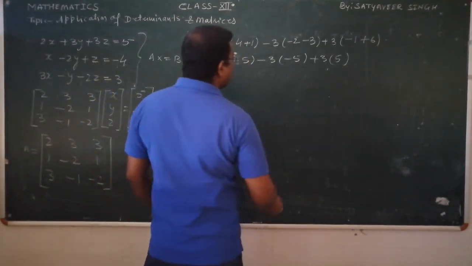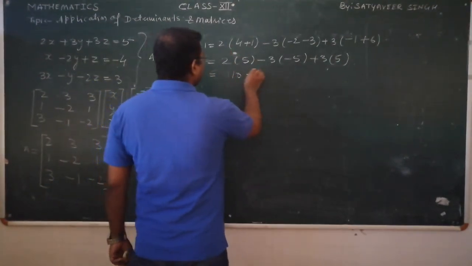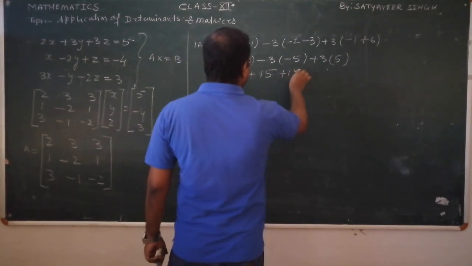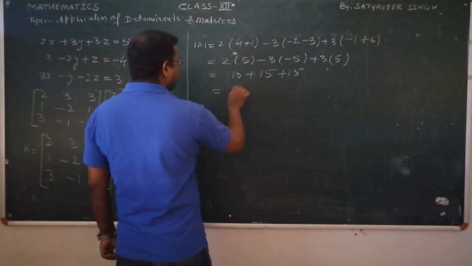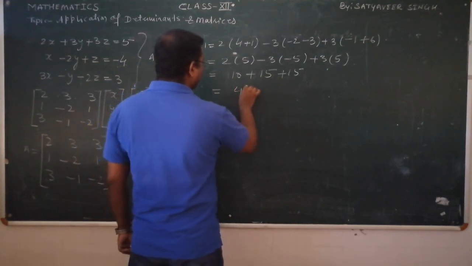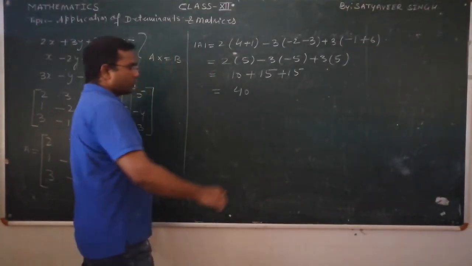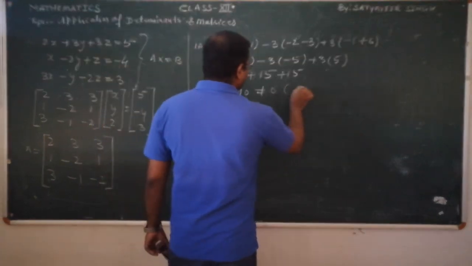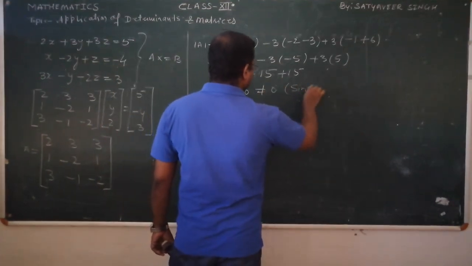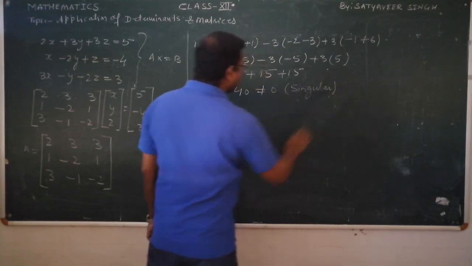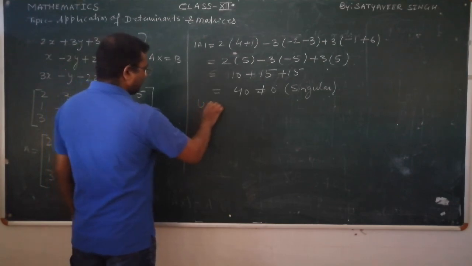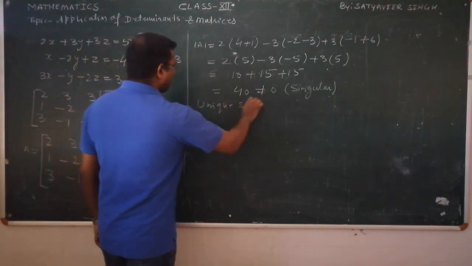So we can write here it is 10 plus 15 and plus 15. So it is equal to 40. So which is not equal to 0, hence non-singular. So solution possible. Unique solution possible.